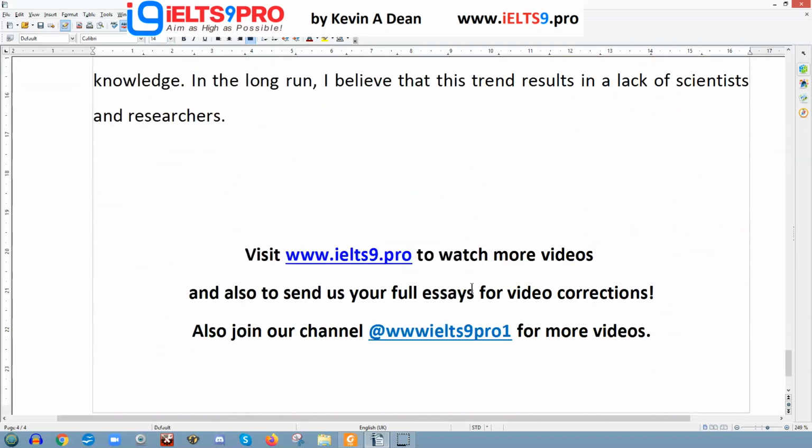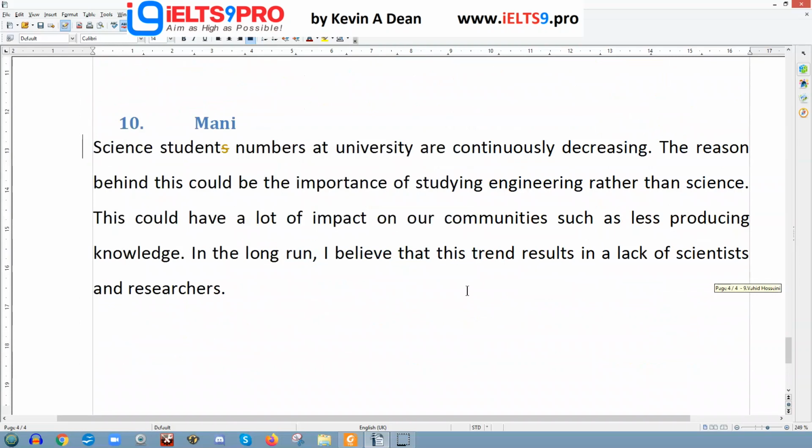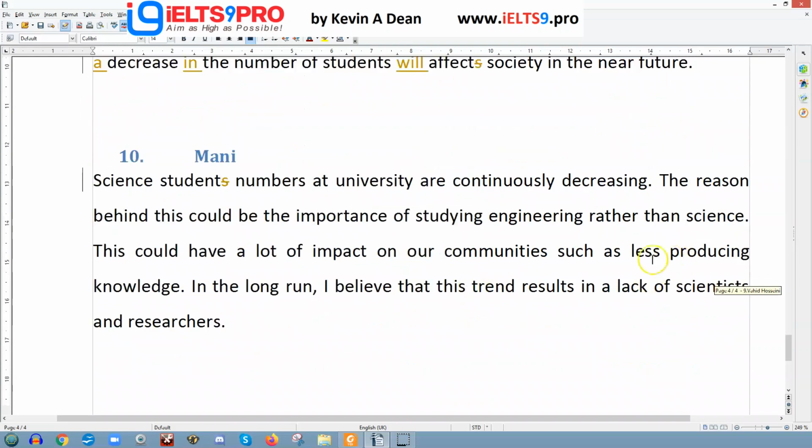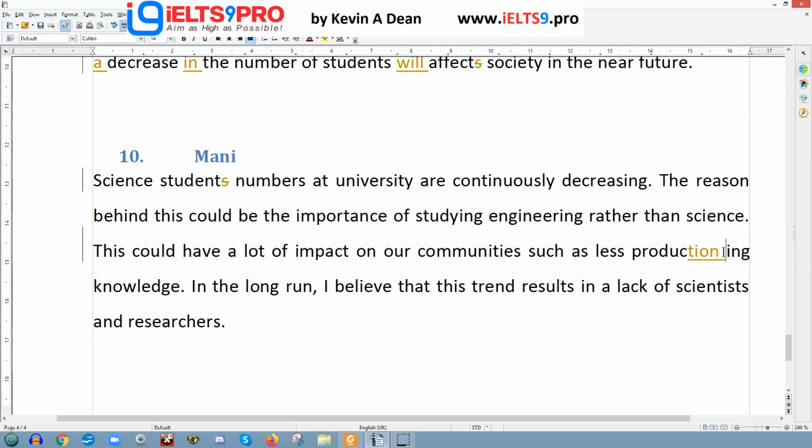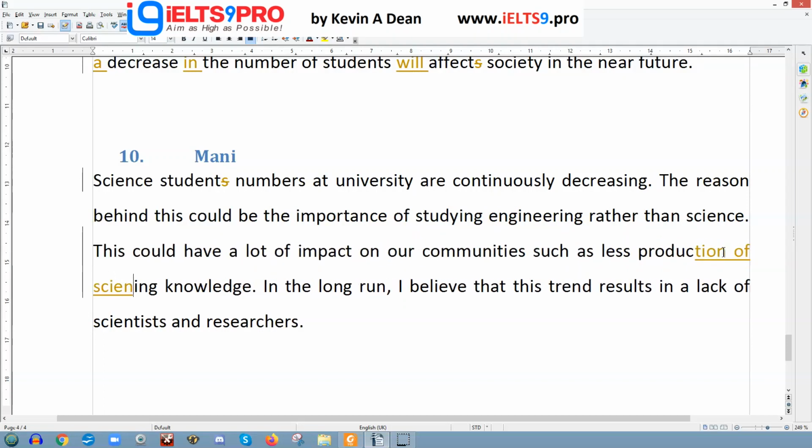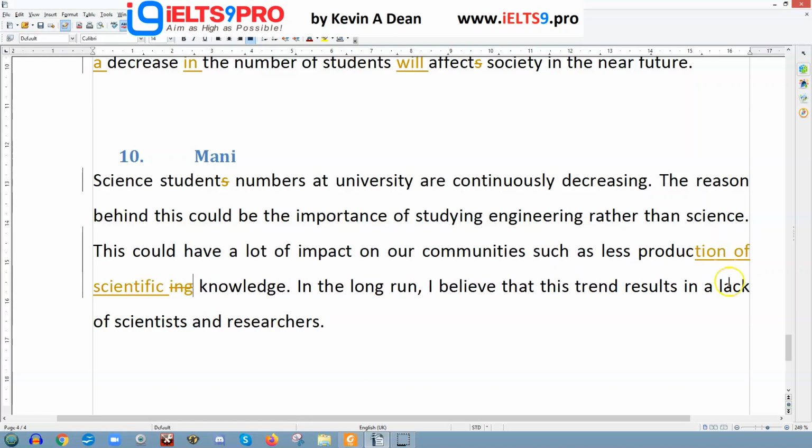Continuously is not the same as constantly, but still, okay. Continuously decreasing. The reason behind this could be the importance of studying engineering rather than science. Okay. A lot of impact, less producing knowledge. You mean less production, but don't you mean of scientific knowledge? Because knowledge is still being produced, just not in science.